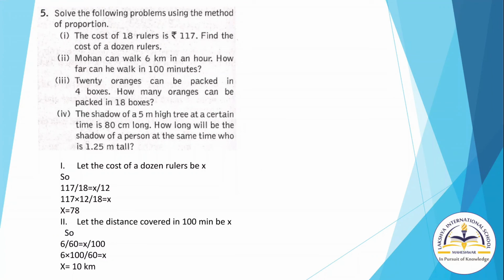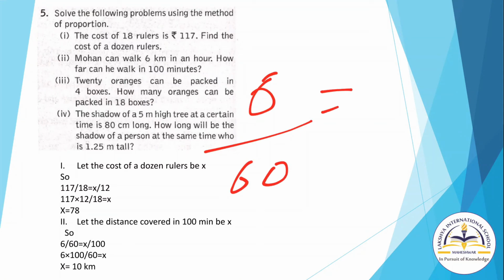Now question number 2, Mohan can walk 6 km in an hour. How far can he walk in 100 minutes? Now 6 km in 1 hour means 60 minutes. Now when 100 minutes are given, we have to find how far he can walk in 100 minutes.